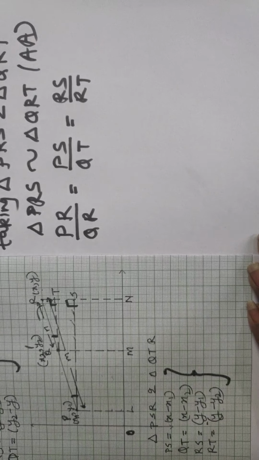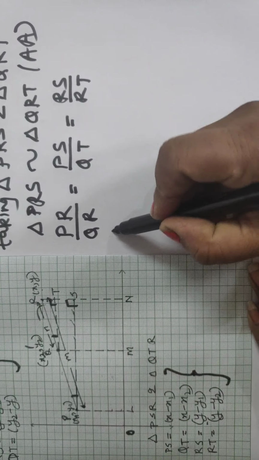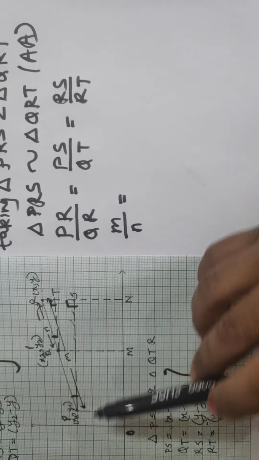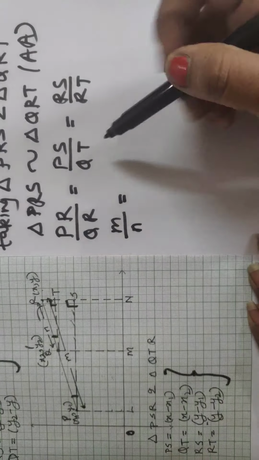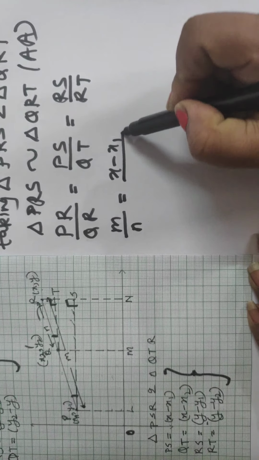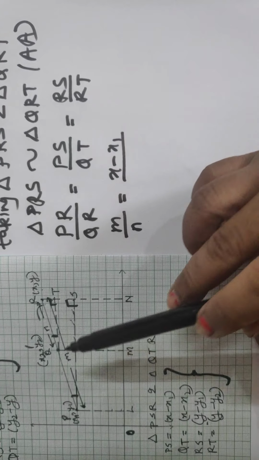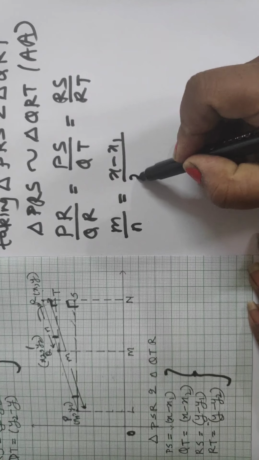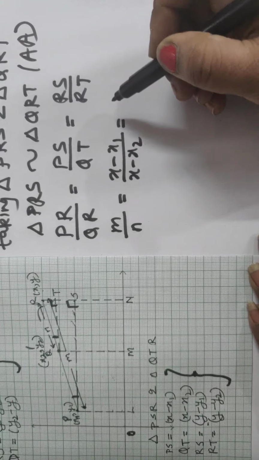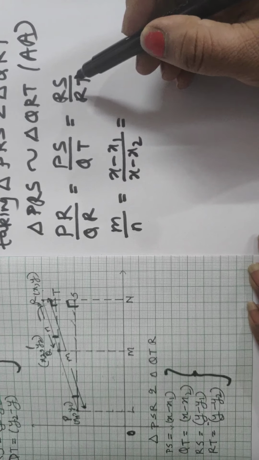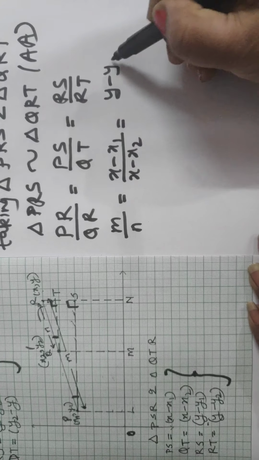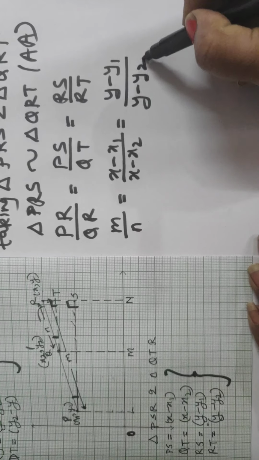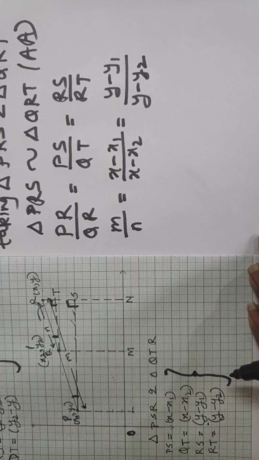Now PR is m and QR is n, equal to PS, that is X minus X1, upon QT, that is X minus X2, that is equal to RS, that is Y minus Y1, upon RT, that is Y minus Y2. We already found this here.